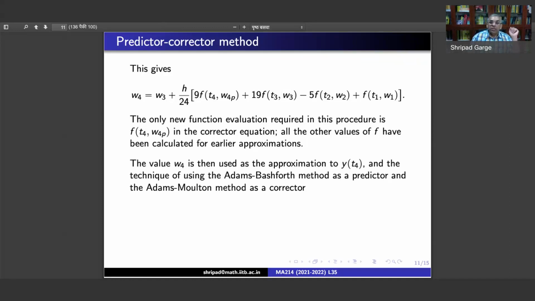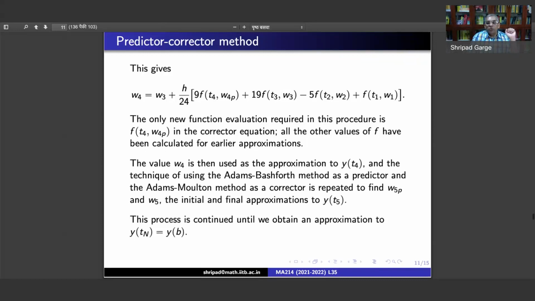we continue. So the technique of using the Adams-Bashforth as the predictor and Adams-Moulton as a corrector is repeated to find W5P and W5 and so on, up to where you get the approximation to the last point, y(t_N), which is y(b).